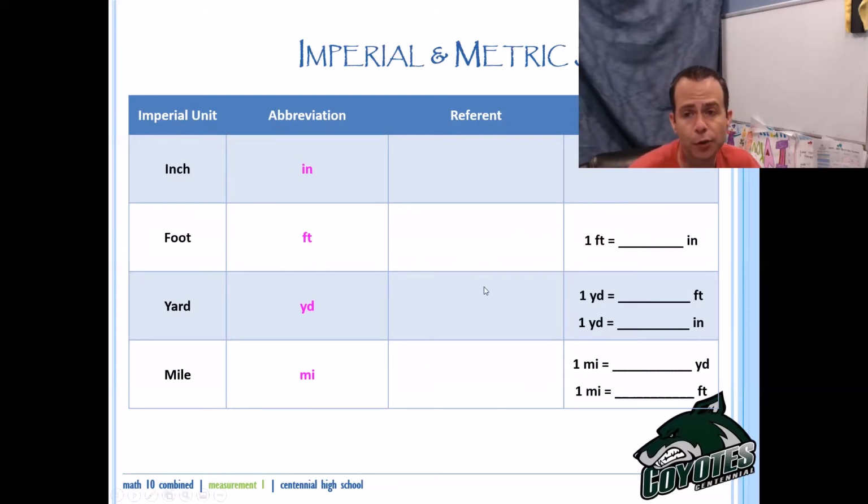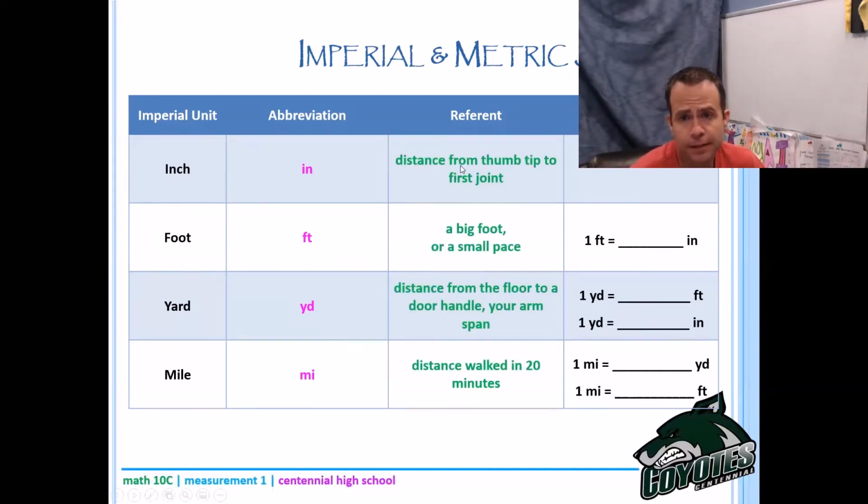Okay, so a decent reference for each of these. The inch is the distance from your thumb tip to the first joint, okay? So from there to there. A big foot or a small pace is roughly a foot.